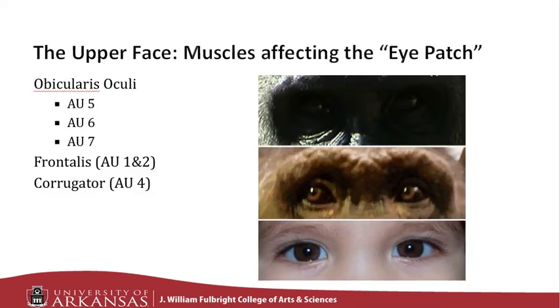The first part of the face learned in FACS focuses on the upper face, mainly those muscles around the eye. With the orbicularis oculi, a circular shaped muscle around each of the eyes, you have three major movements. AU5 pulls the eyelids up and can expose the whites of the eyes surrounding the iris. AU7, for its part, tightens the eyelid by using the orbicularis oculi on the inner side of the eyes.